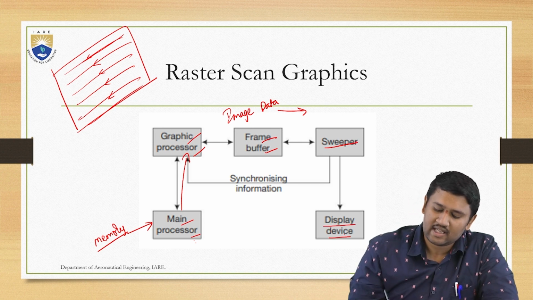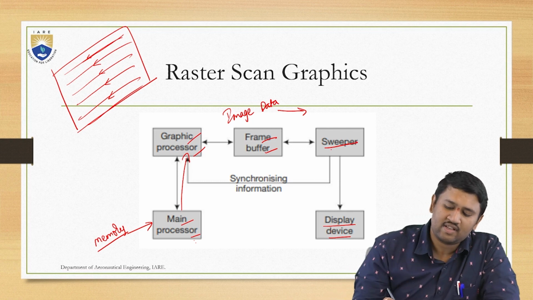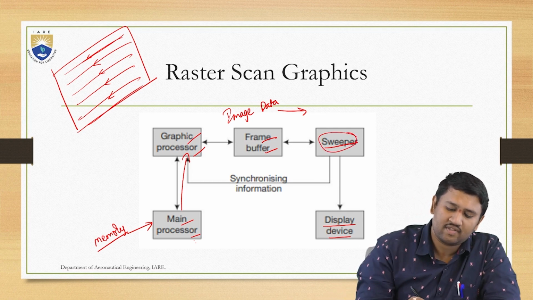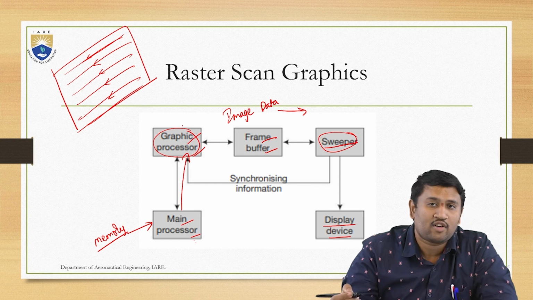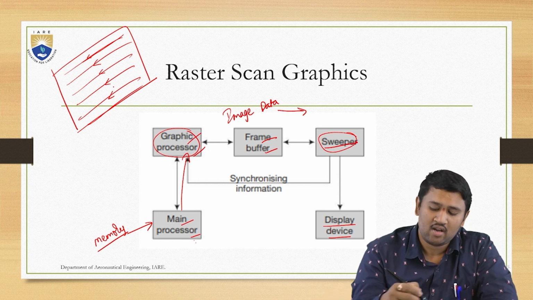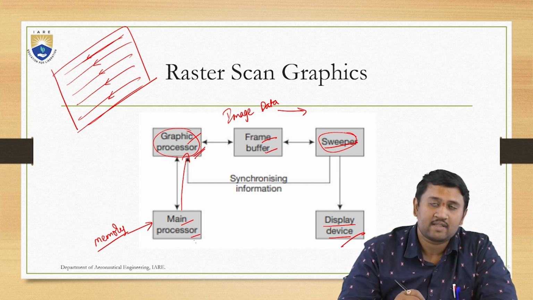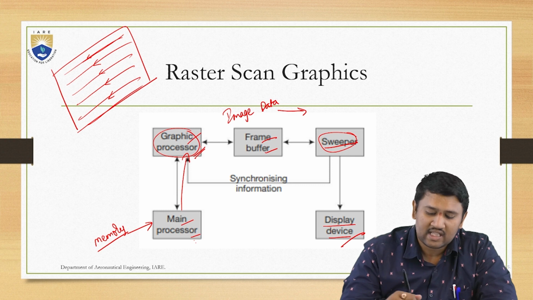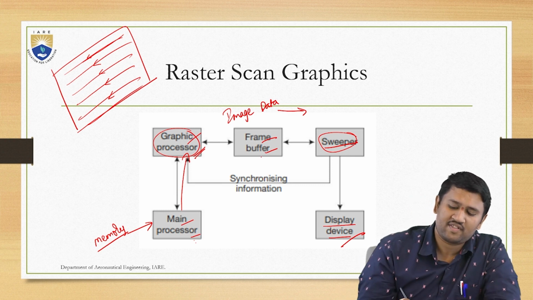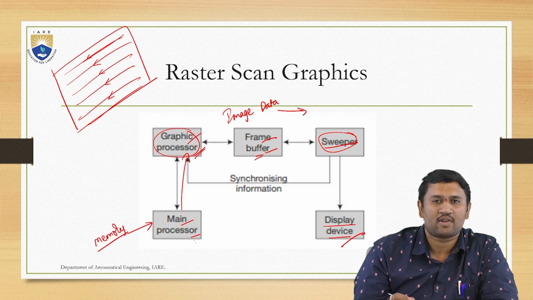Then it will create the image onto your display. In this, the sweeper gets synchronized with your graphic processor to follow how the data is being displayed onto your display device and which data is to be followed next. This synchronized data will keep your frame buffer with a small storage volume so that it can be processed better.